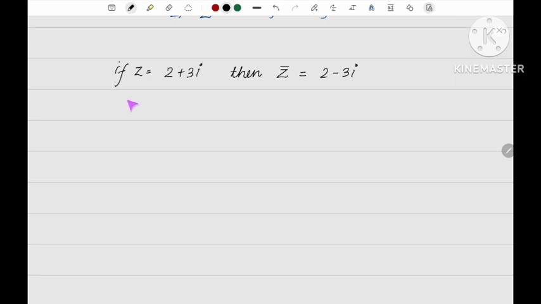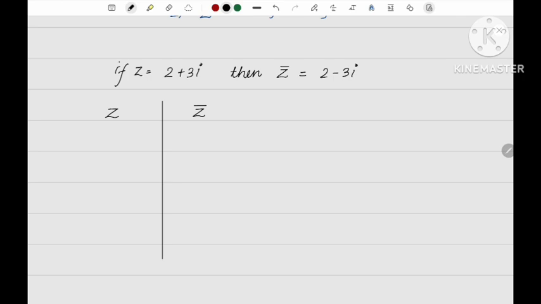So can you tell me what is the... let me write here z and z bar here.